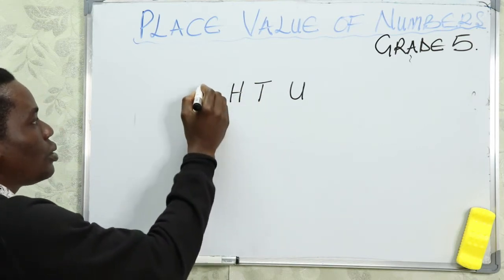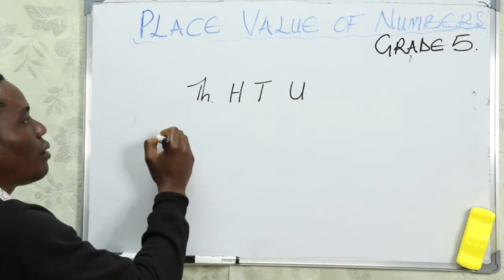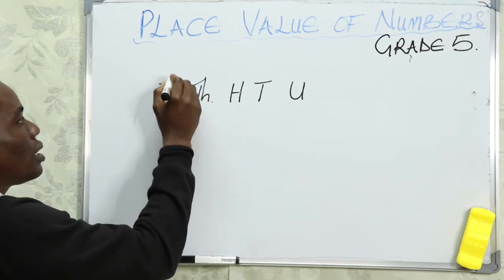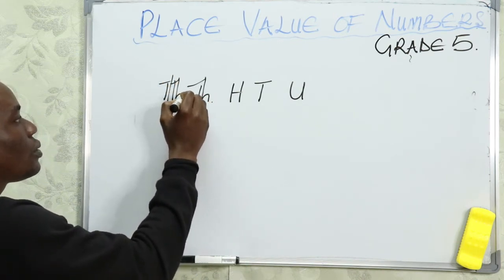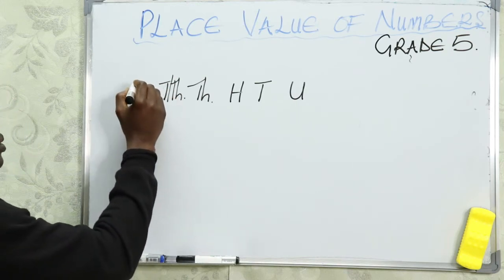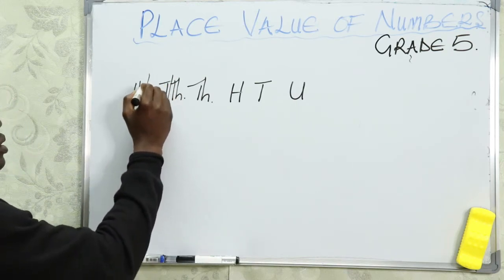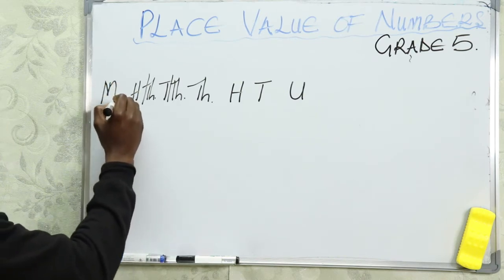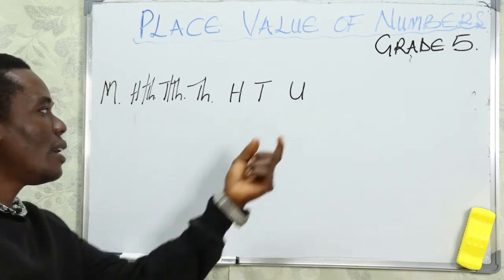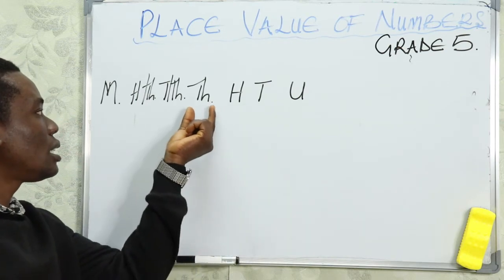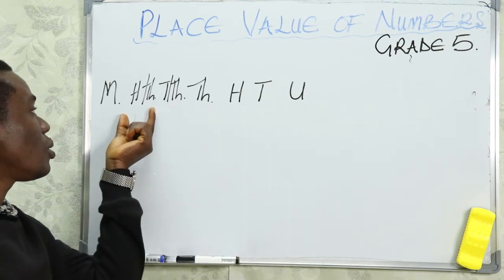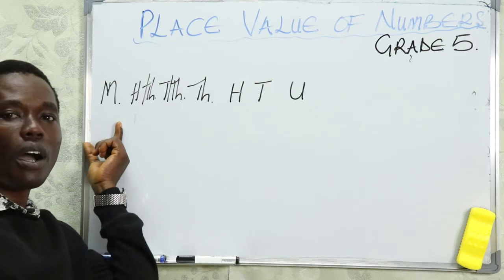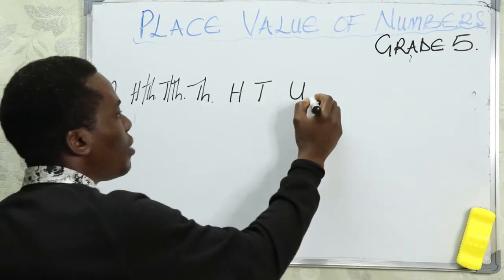After the hundreds, the thousands. After the thousands, the tens of thousands. After the tens of thousands, the hundreds of thousands. After the hundreds of thousands, we have the millions. So you see, we have the unit, tens, hundred, thousand, tens of thousand, hundreds of thousands, and then the million.